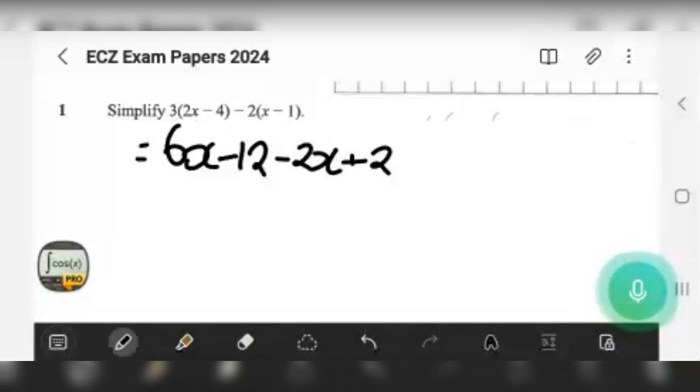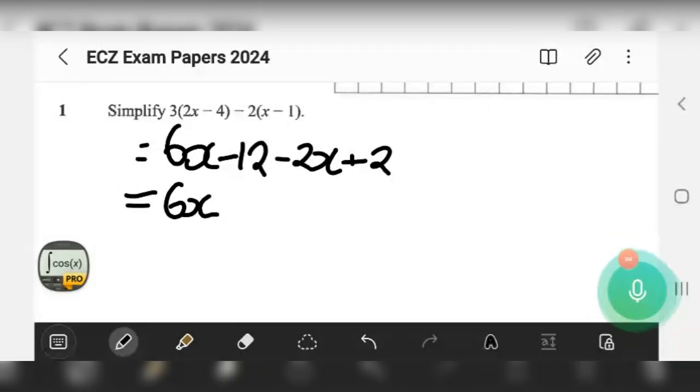We do have. So now we write the first one, which is 6x. The next one, 6x is a like term to which term? Negative 2x. We need to group the like terms. Negative 2x. And then next, negative 12 plus 2, right? Yes.